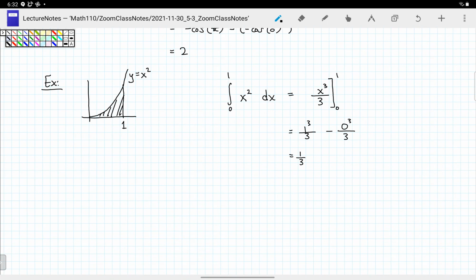So what we're going to do in section 5.4 is we're going to use the integral symbol to denote antiderivatives. So if we write an integral with no boundary points, this is going to be the family of antiderivatives.